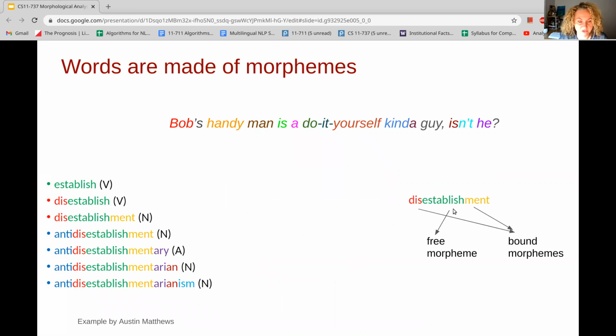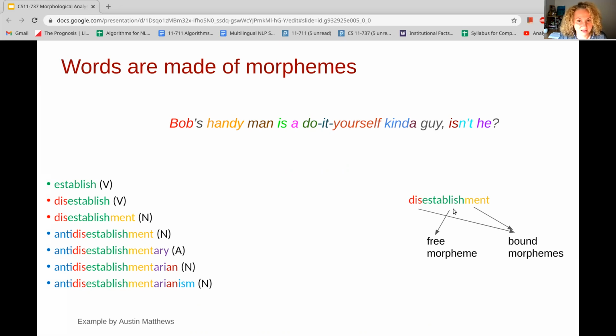Okay, so words are made of morphemes. And what I highlighted in the sentence on the top, or in the example of the rich morphology of English on the bottom, are different concatenations of morphemes.